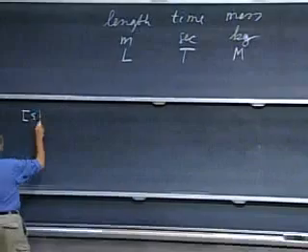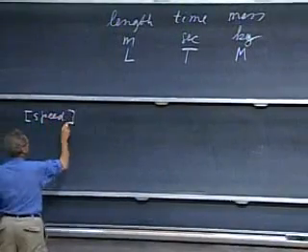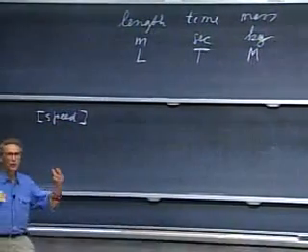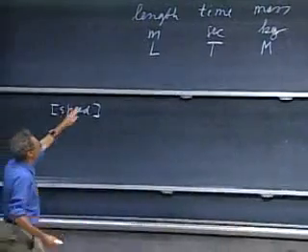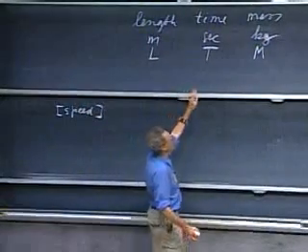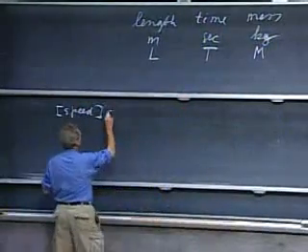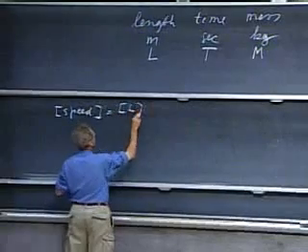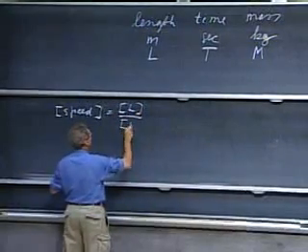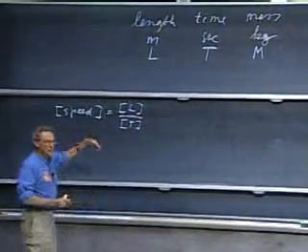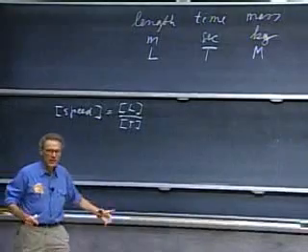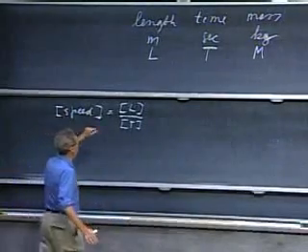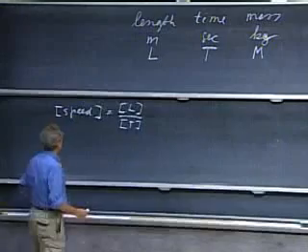I put a bracket around here. I say speed, and that means the dimensions of speed. The dimension of speed is the dimension of length divided by the dimension of time. So I can write for that bracket L divided by bracket T. Whether it's meters per second or inches per year, that's not what matters. It has the dimension length per time.